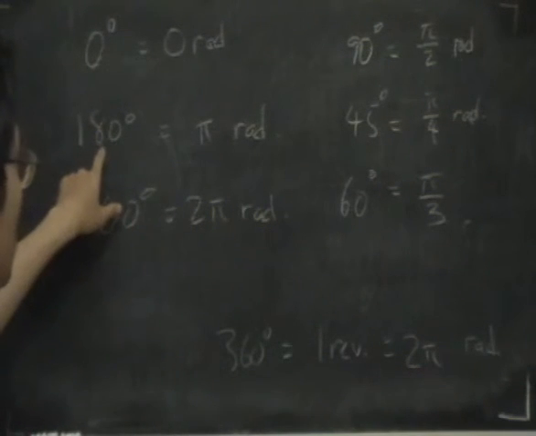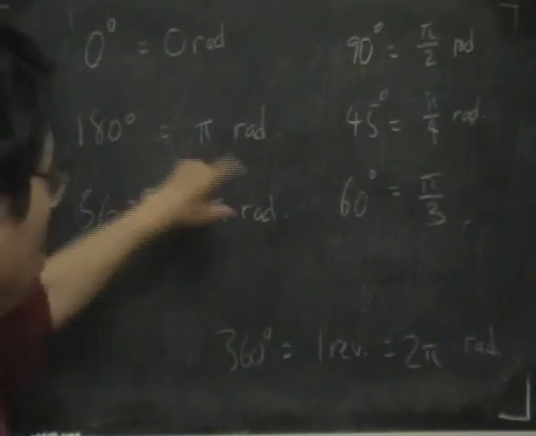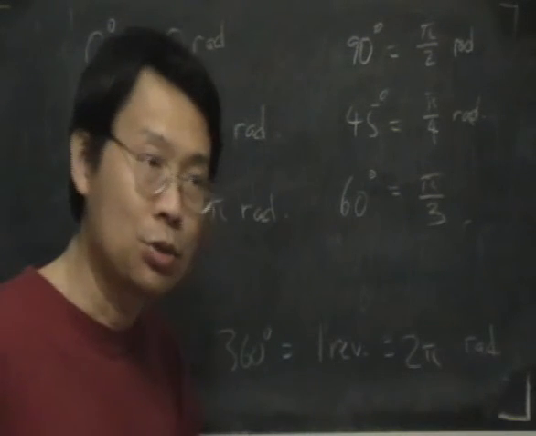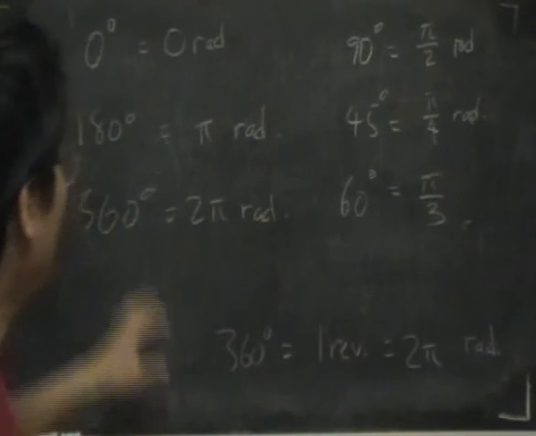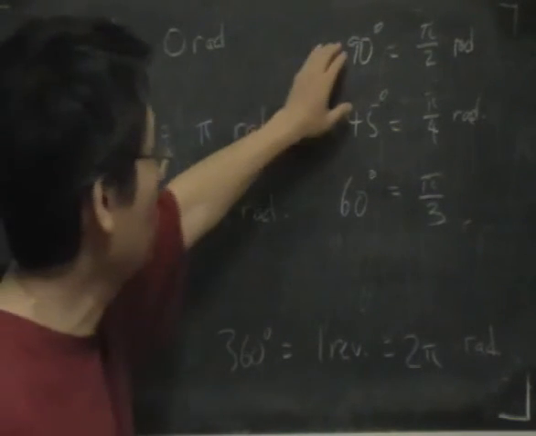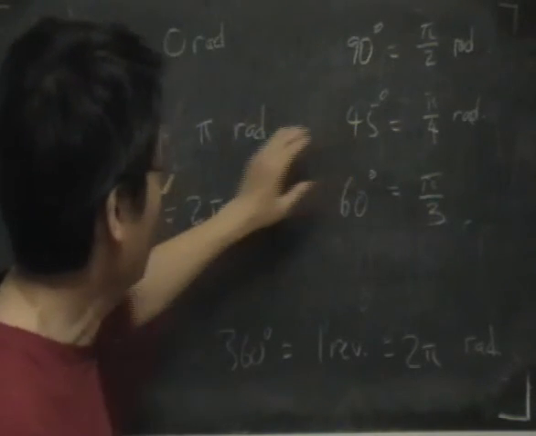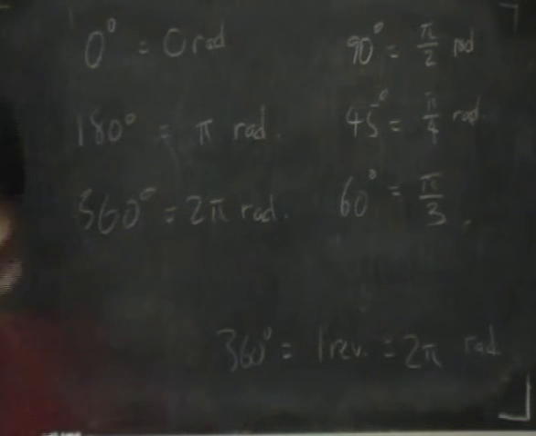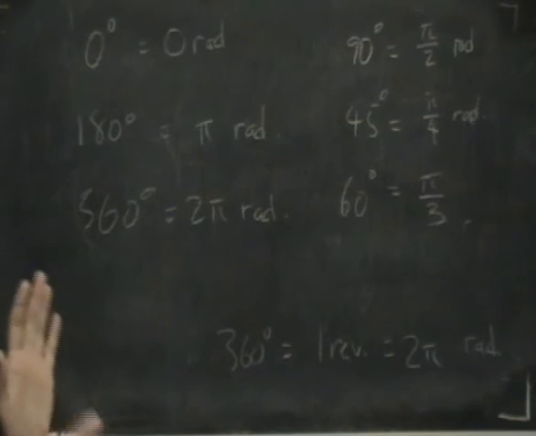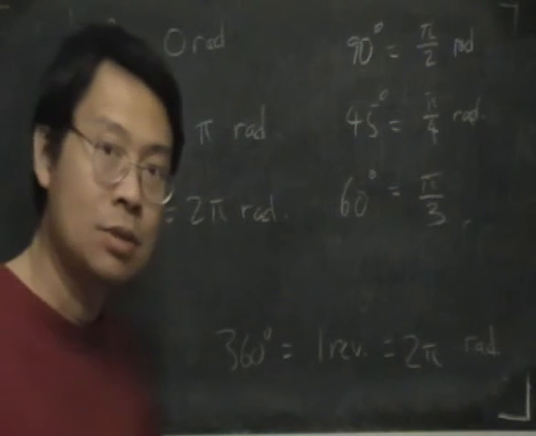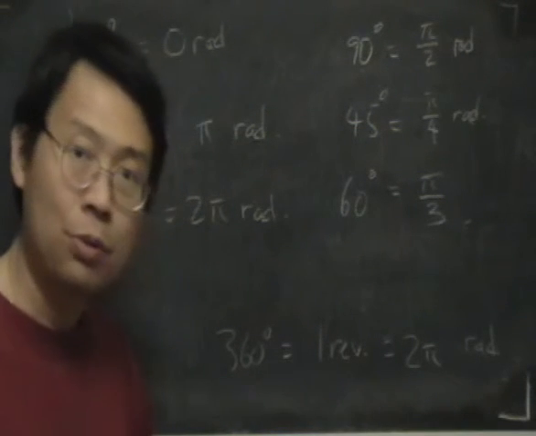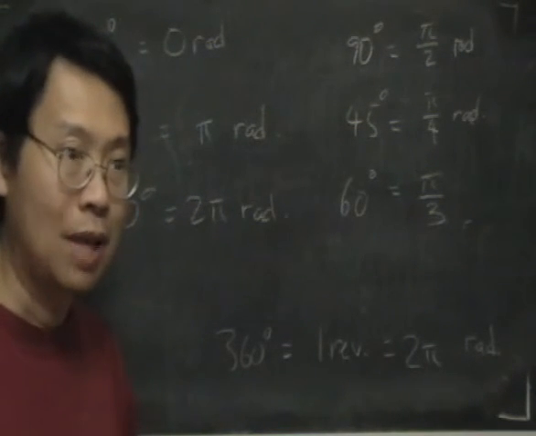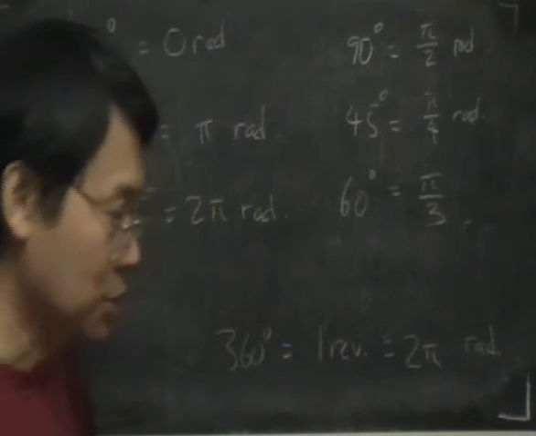Just go to 180 equals pi. You should at least remember that. And then you can start dividing by 2 or by 4 or by 3 to get these. So these are just a few of the more common angles that you see in questions.